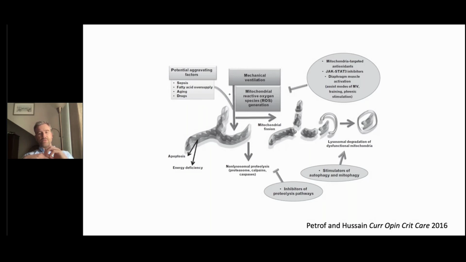And that leads to the activation of various proteolytic pathways that rapidly degrade the muscle, as well as mitochondrial fission and lysosomal degradation. So mitochondria actually are absorbed and destroyed. And of course, that also undermines the function of the muscle. And a range of experiments suggest that targeting these reactive oxygen species or promoting mitochondrial function might actually avoid diaphragm atrophy and dysfunction, but that remains to be tested.